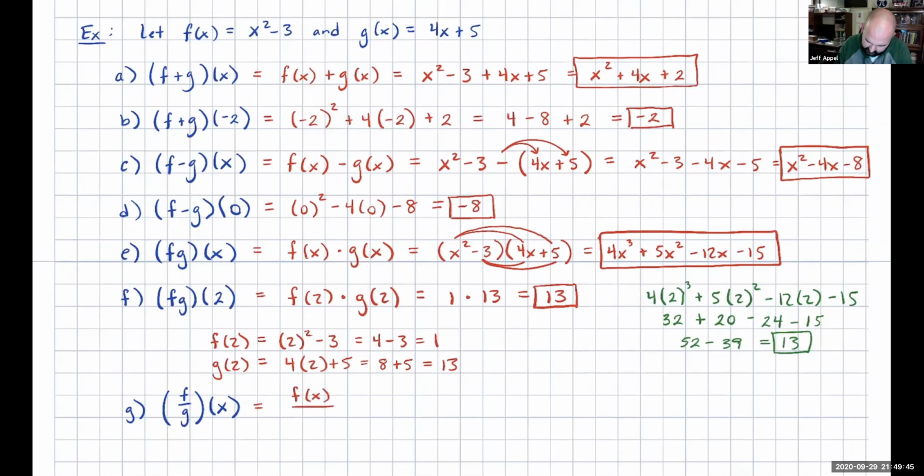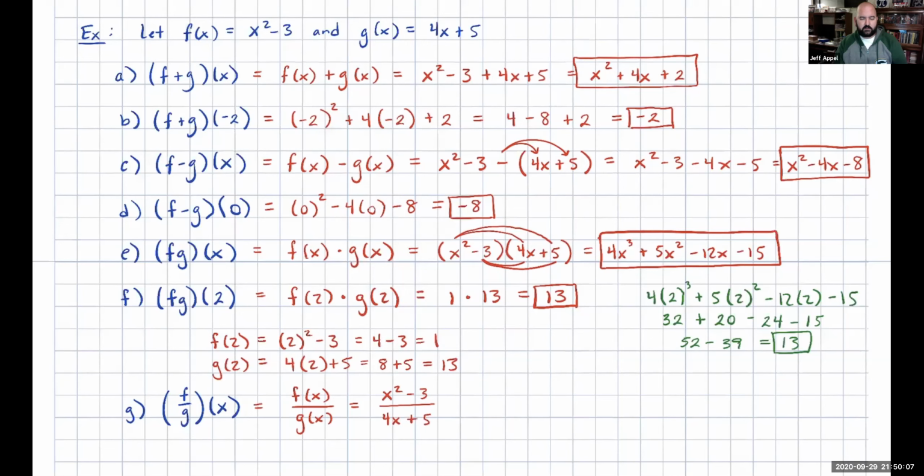We know that just means f of x divided by g of x. And so I just need to write down my functions as a fraction. My f of x function is x squared minus 3, over my g of x function, which is 4x plus 5.